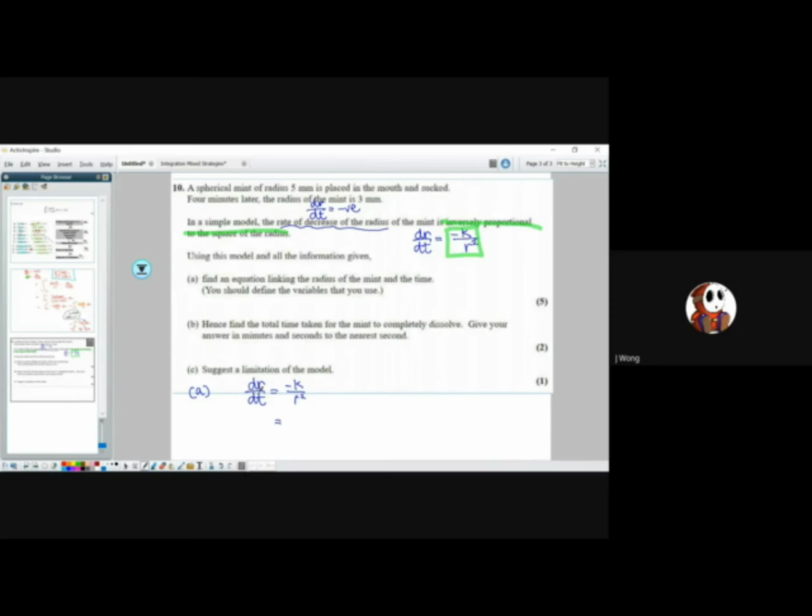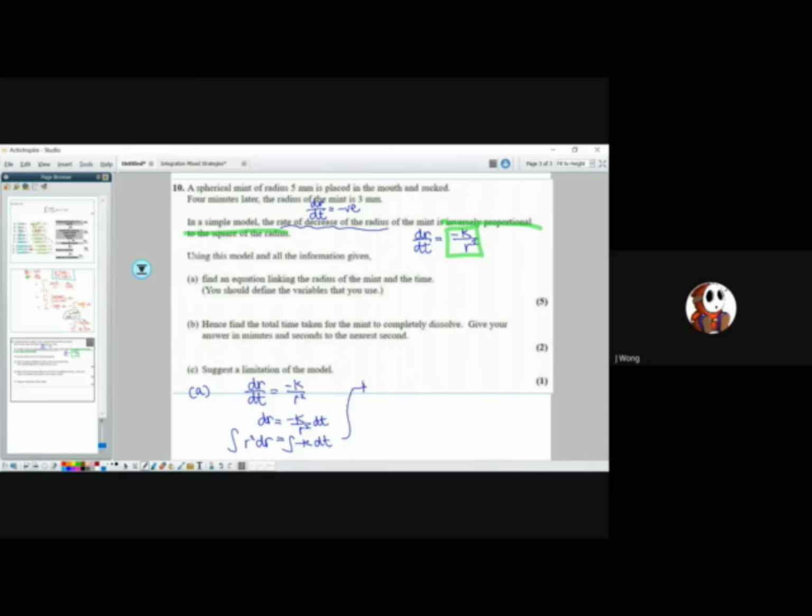So we'll keep the r's on the left, and we'll chuck all the t's on the right, if any. So we have minus k over r squared dt firstly, and you could move the r squared to the other side. And then this is where you successfully separate the variables, and then you could integrate.